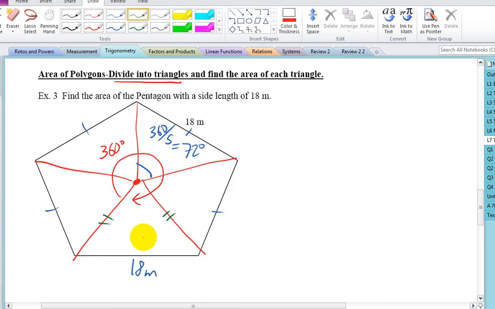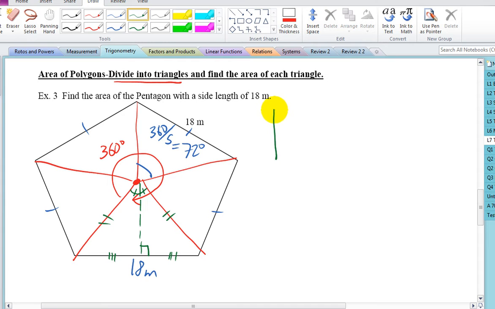Isosceles. We did a question with an isosceles triangle, a roof. Remember the roof question? What do we do to that triangle? Well, we drop down an imaginary height. What that does is split 18 into 2 equal pieces. It also splits the angle into 2 equal angles.